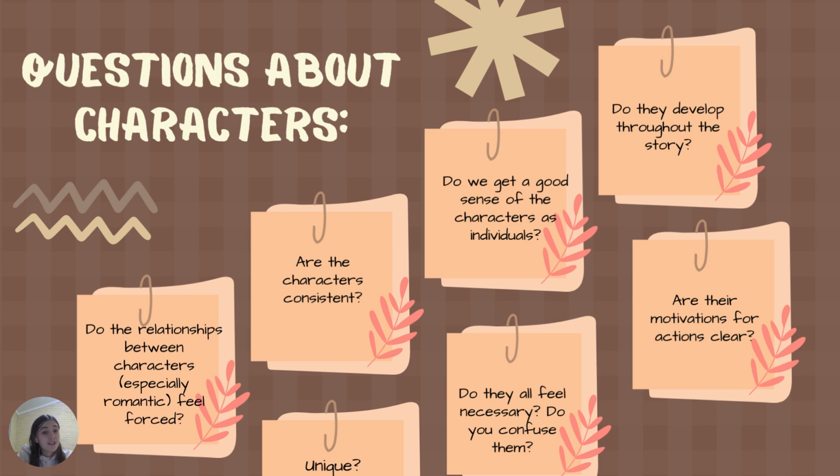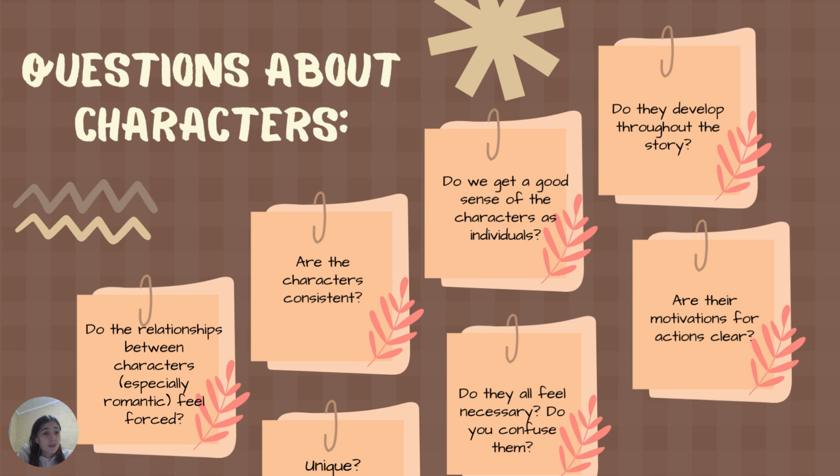Okay, so some questions about characters that are again a starting point for thinking about them and relationships. So, do the relationships between characters feel forced? This is particularly true in romance. Often you'll find because the authors are so used to their characters and know that they get together, they kind of jump into them getting along, and we don't actually see some of those earlier stages in the relationship. Are the characters consistent?